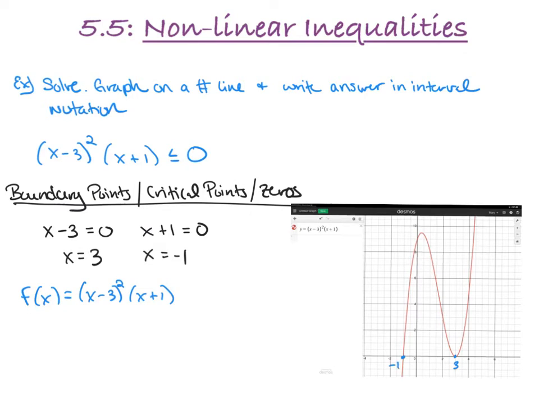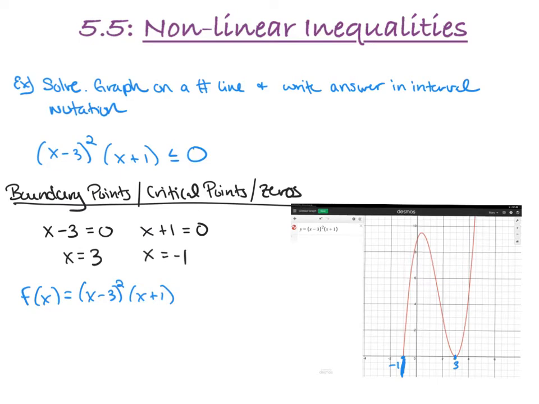Yes, they're x-intercepts, that's true, but this is what we care about for this inequality. We're looking for the x values that make the y values for this graph less than or equal to 0, or negative. Well, those would be here. Y's would be negative here. Only there. And they equal 0 over here.